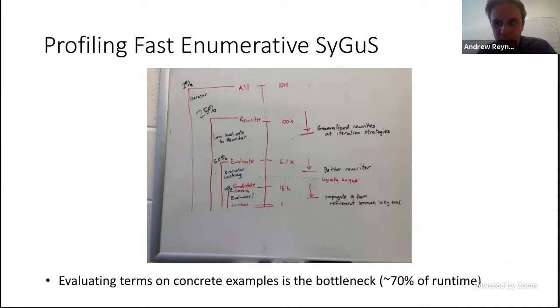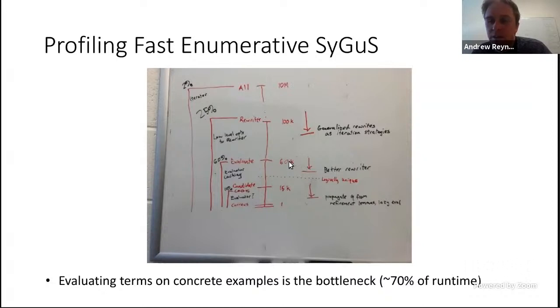If you really wanted to get into the guts of what keeps me up at night, this is some profiling information about how to optimize fast enumerative SyGuS. This is giving the lifetime of a term through fast enumeration. Considering a search space of about 10 million terms, we generally construct about 100,000 of them and look at the rewriter.